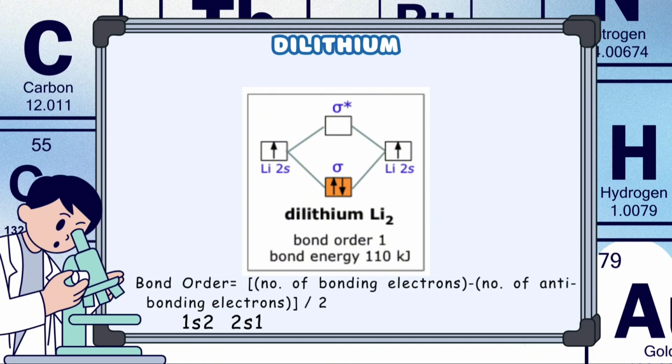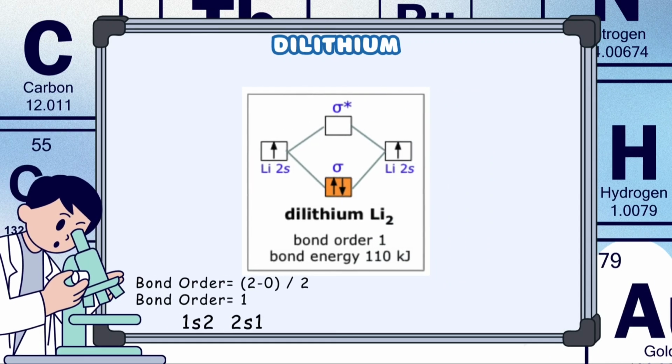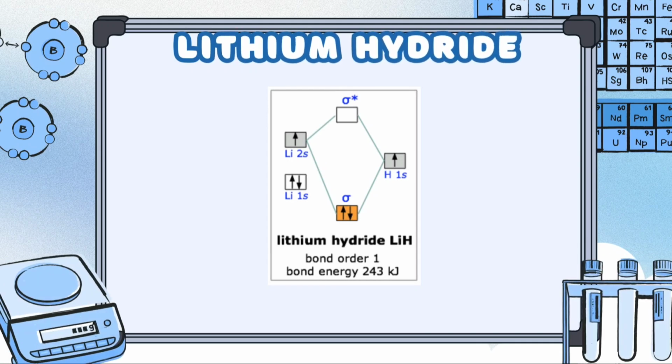All this is divided by 2. So shown here, 2 minus 0, which is 2 electrons on the bonding orbital and 0 electrons on the antibonding orbital, which gives us 2 minus 0, which is 2, and 2 divided by 2 is 1. So it is correct.